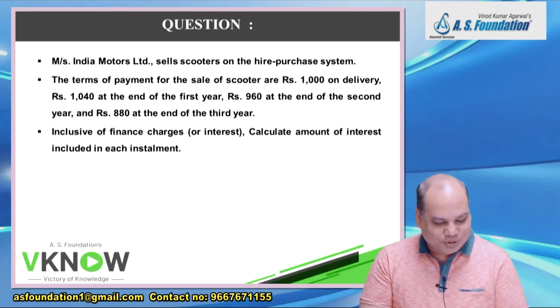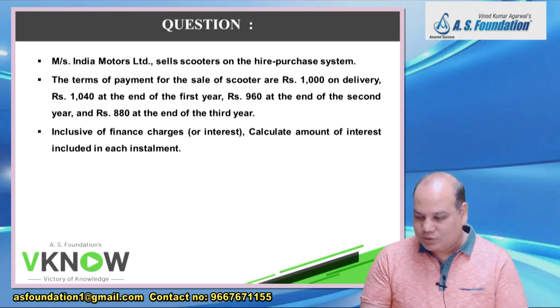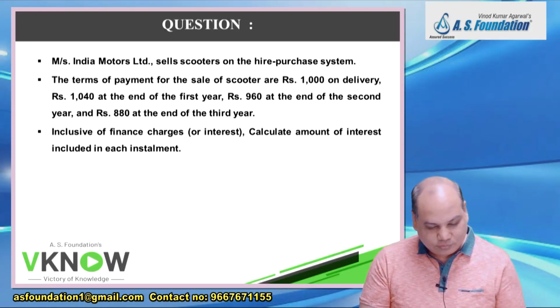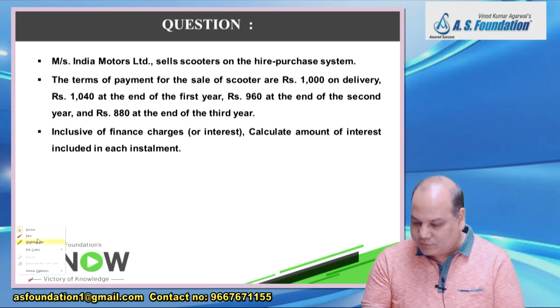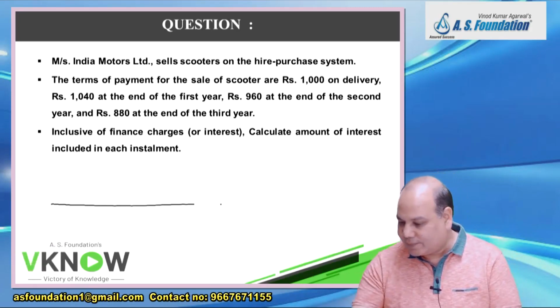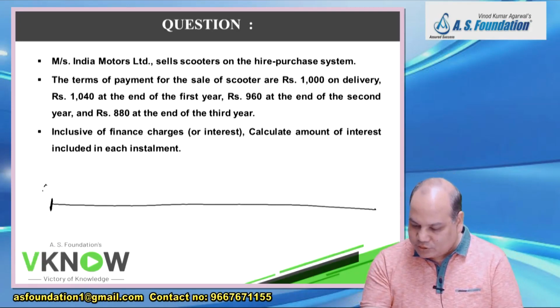Messrs. India Motors Limited, and this is an exam question only. Sell scooters on hire purchase system. The terms of the payment for the sale are rupees 1000 on delivery. Okay. So cash down is how much? 1000.